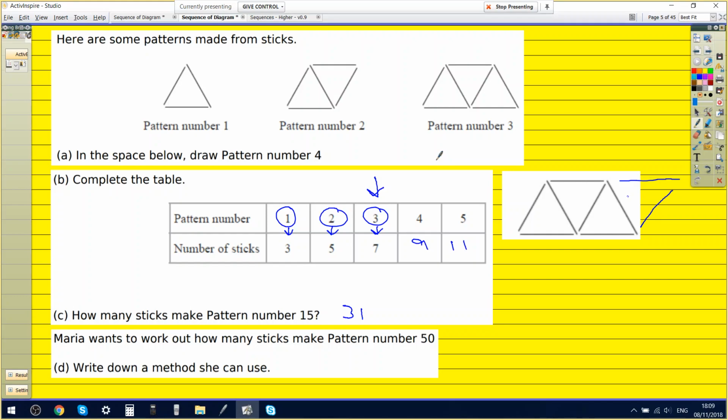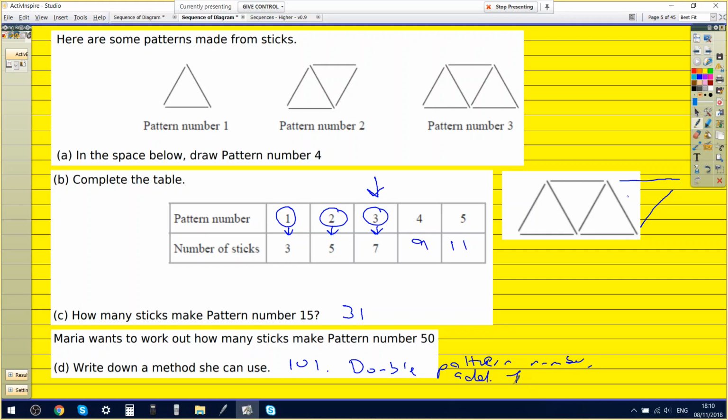Yeah. So 101 sticks. Well done. And what method? It says write down what method she can use. Double it and add 1. Yeah. So double the pattern number and then add 1.